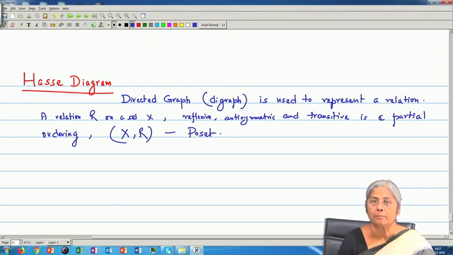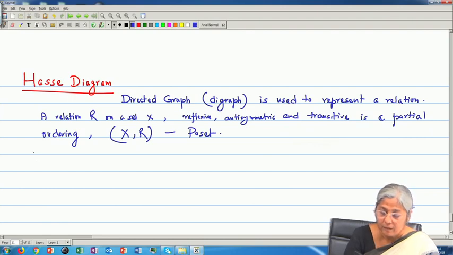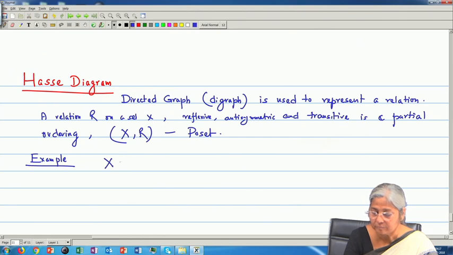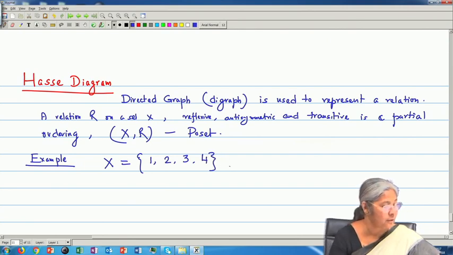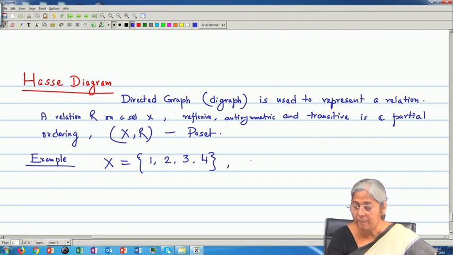Now, we take one example first. Consider a set X having 4 elements, say 1, 2, 3, 4, and the relation we take is less than or equal to.